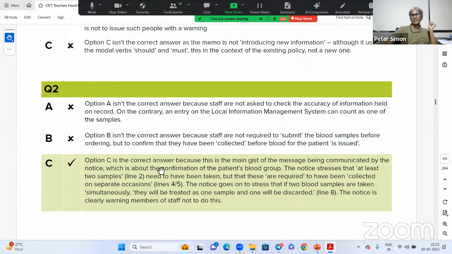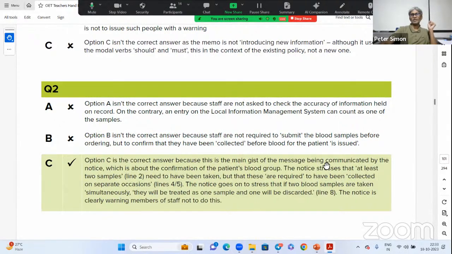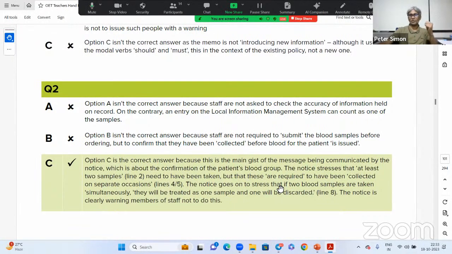Option C is the correct answer because the main gist of the message being communicated by the notice is about the confirmation of the patient's blood group. The notice stresses that at least 2 samples need to have been taken, and that they are required to have been collected on separate occasions. Stressing means giving more importance.